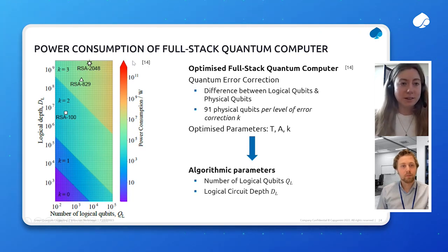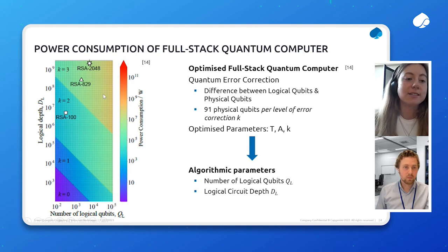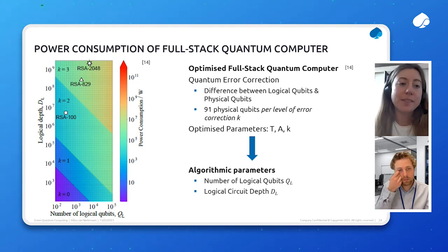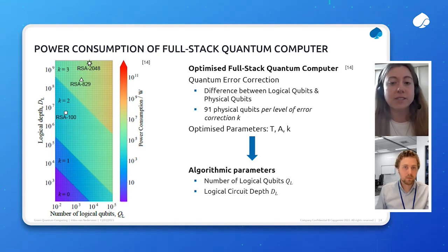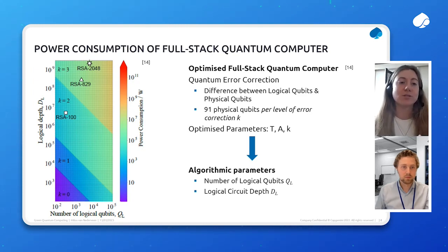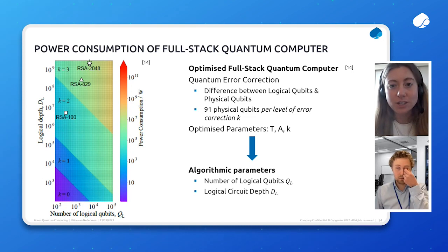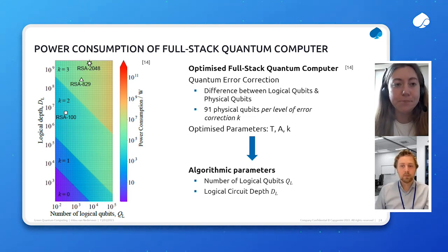Based on that, the graph on the left is found, and this gives an estimate of the power consumption based on the logical depth and the number of logical qubits. This is very interesting because those are algorithmic parameters that can be used for any quantum circuit, because it's based on general estimations on quantum circuits.